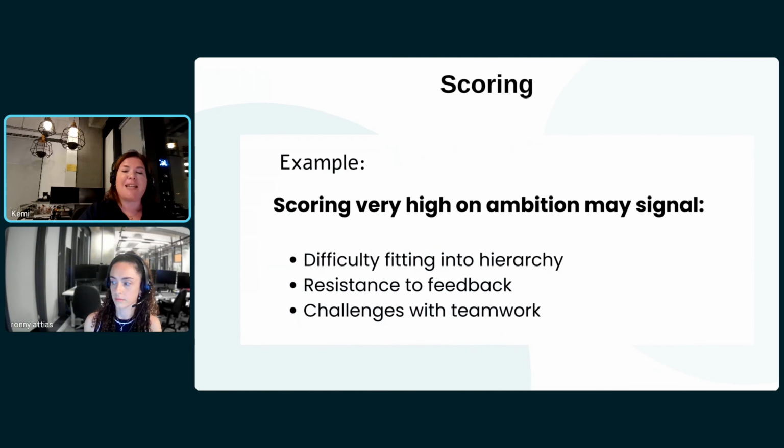So again, the personality assessment is about aligning yourself with the company, with the culture, and with the other people around you. It is not about being the best person for the job.